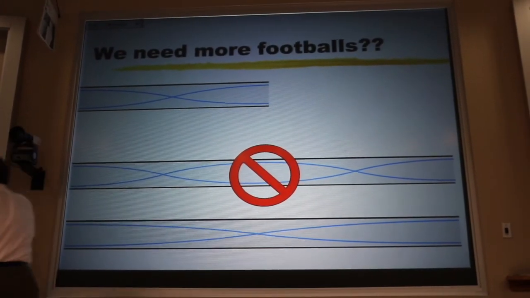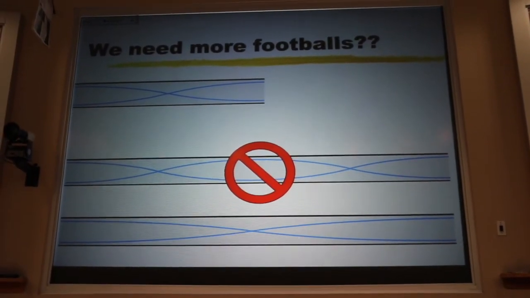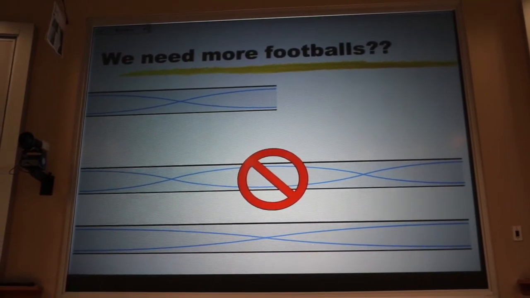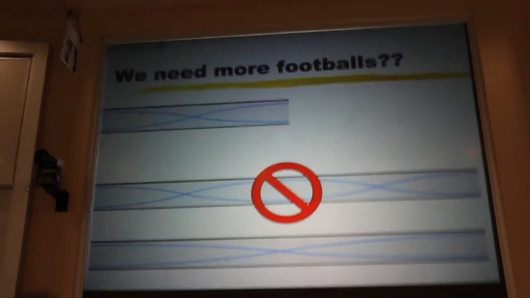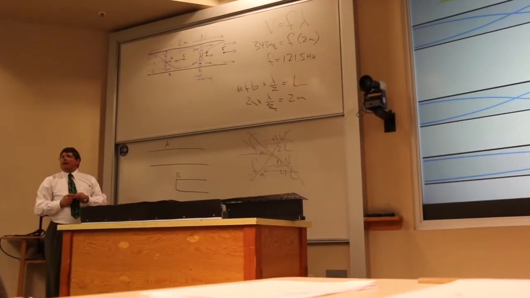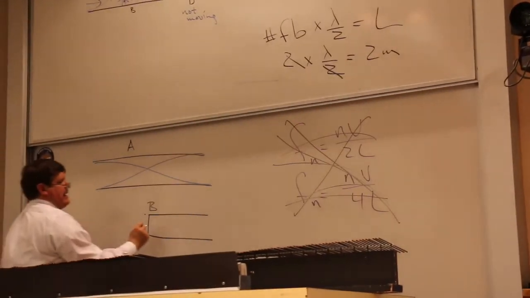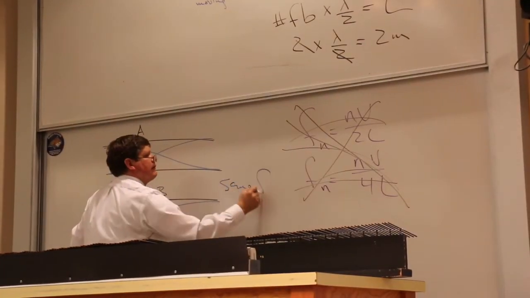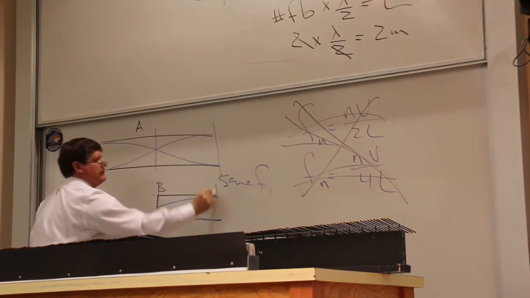In your homework, you had 2 tubes, a tube A and a tube B. And tube A was open at both ends and tube B was closed at one end. And you were told that they were playing the same first harmonic. Well, the first harmonic here looks like that, and the first harmonic there looks like that. If they have the same first harmonic, they have the same size football.